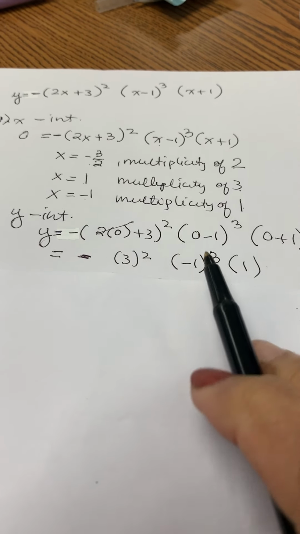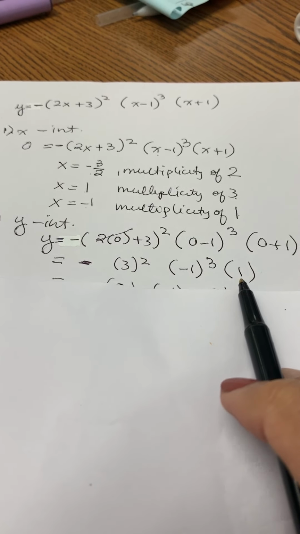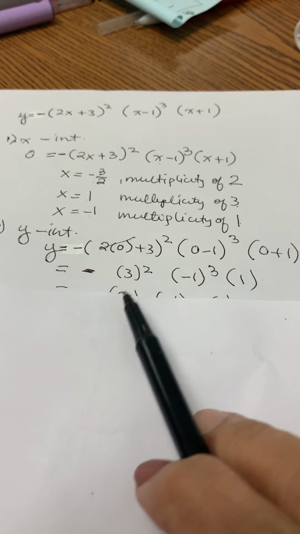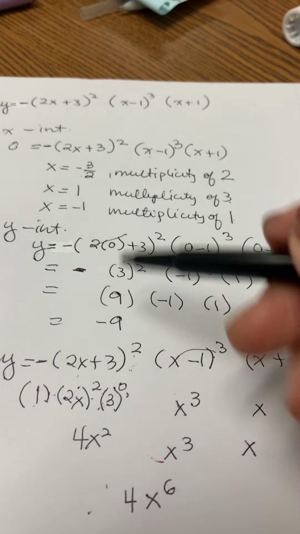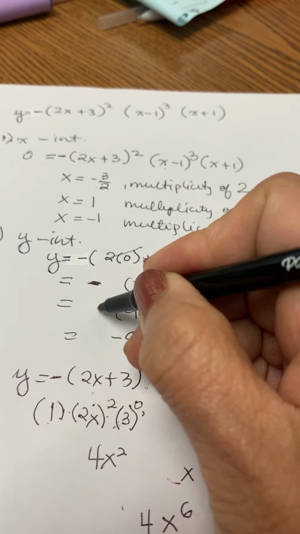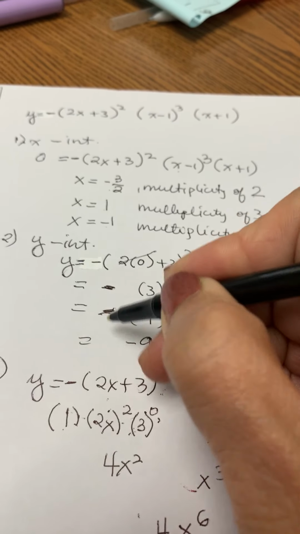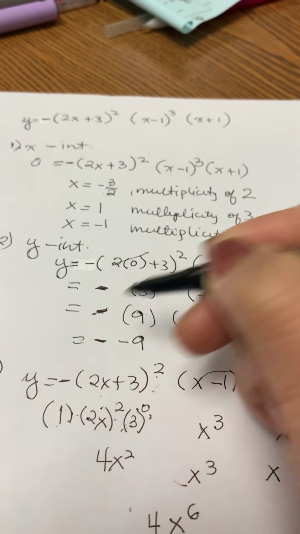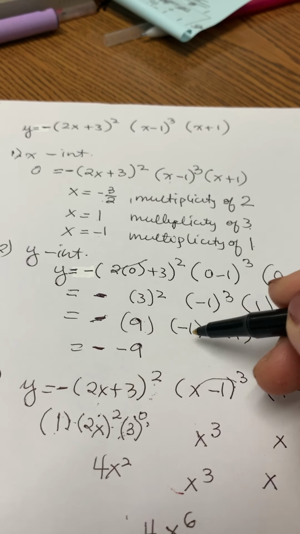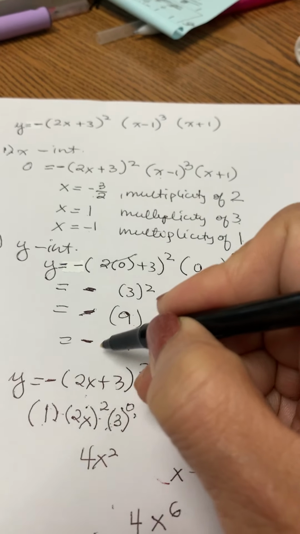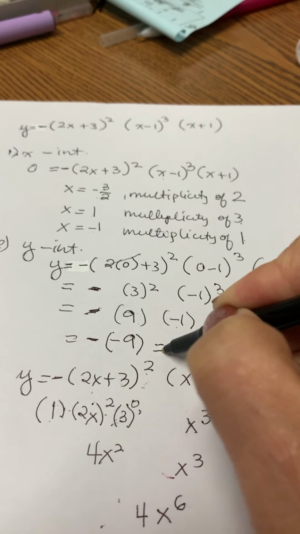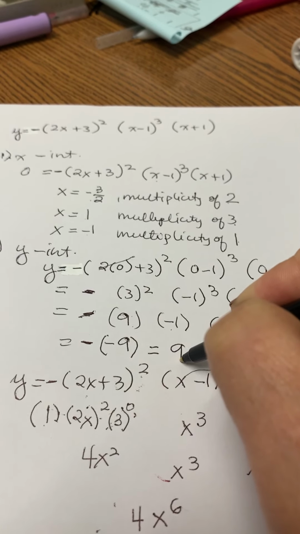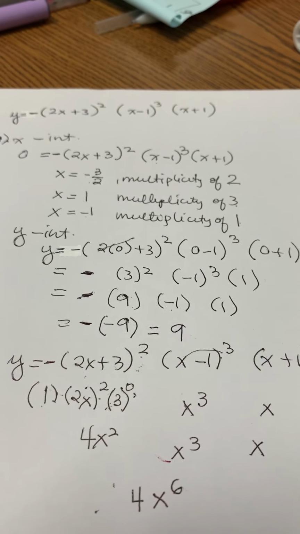Okay, and that will be negative 1 to the 3 and 1. So 3 squared is 9, negative 1 to the 3 is negative 1 times 1, and don't forget the negative. So that is 9 times negative 1 times 1 is negative 9. So our y-intercept is actually positive 9.